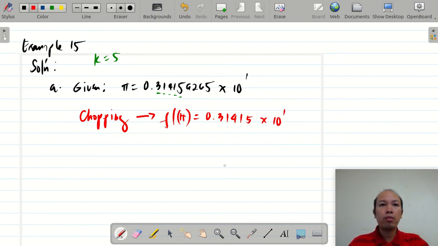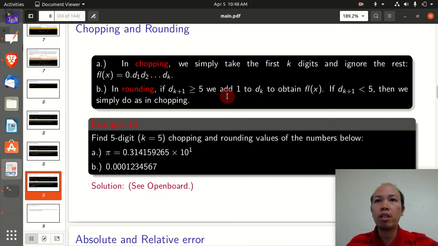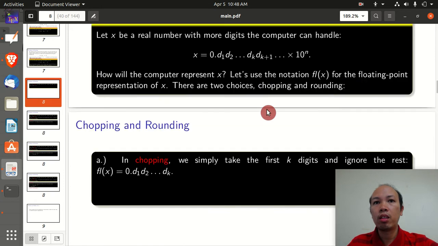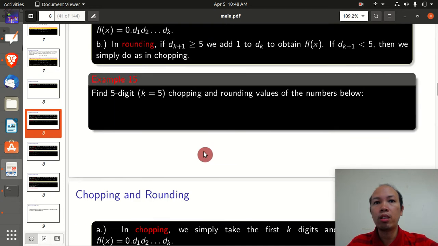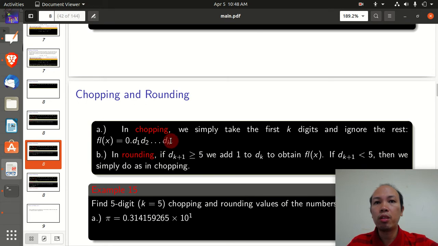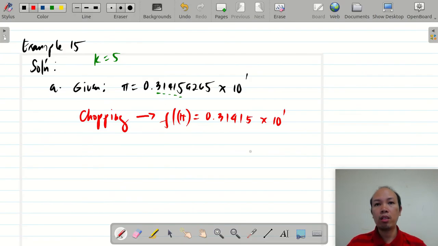But if you look at the definition, the expression times 10 to the n is missing, but it is understood that you have to write the expression times 10 to the n. What will happen if you do not include 10 to the 1?